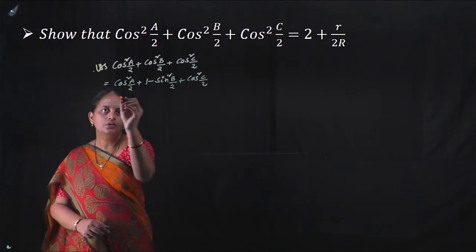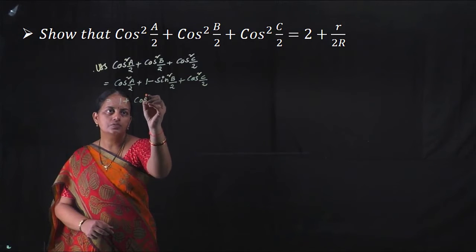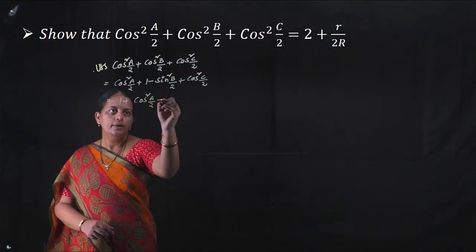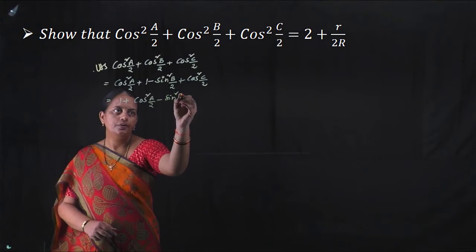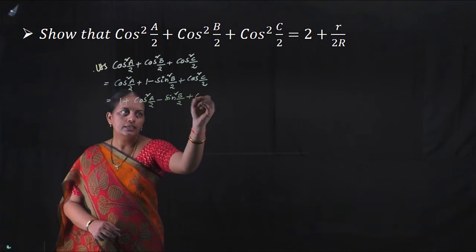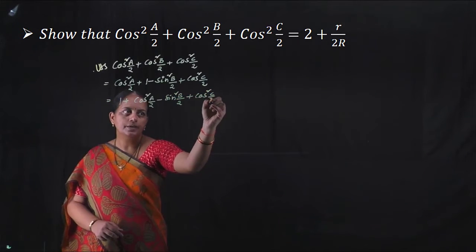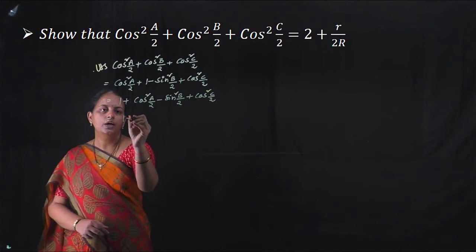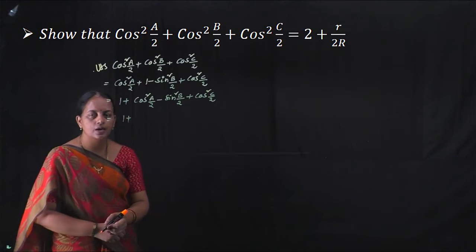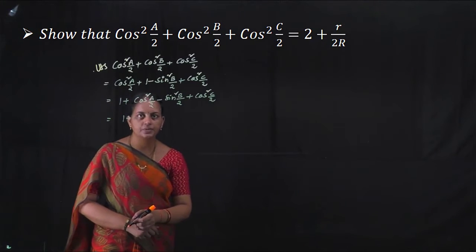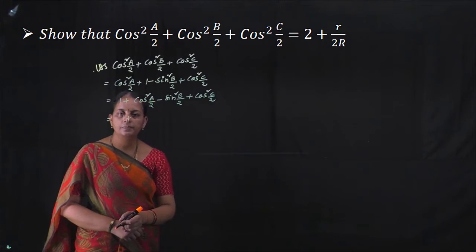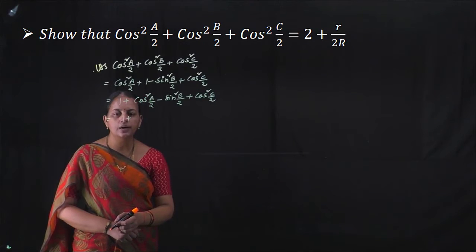This is equal to 1 plus cos square A by 2 minus sin square B by 2 plus cos square C by 2.